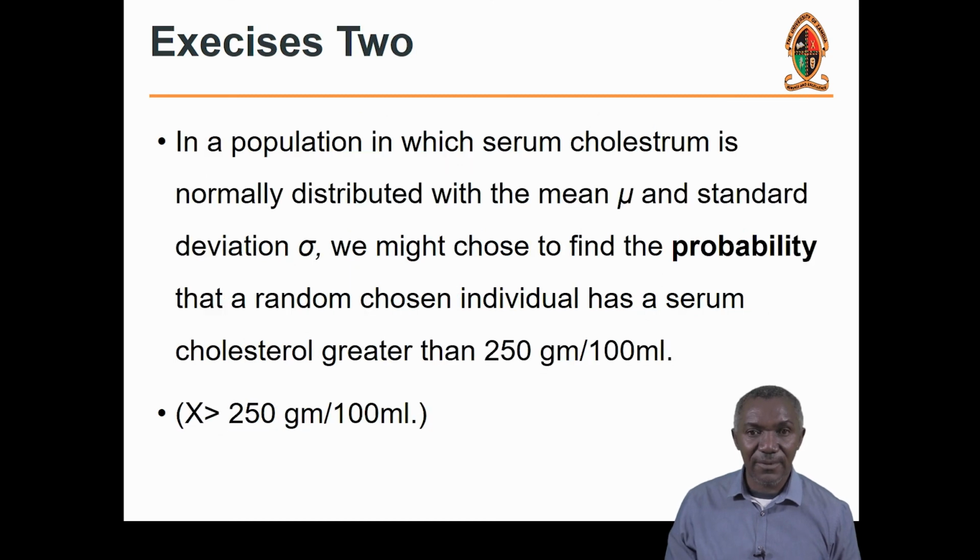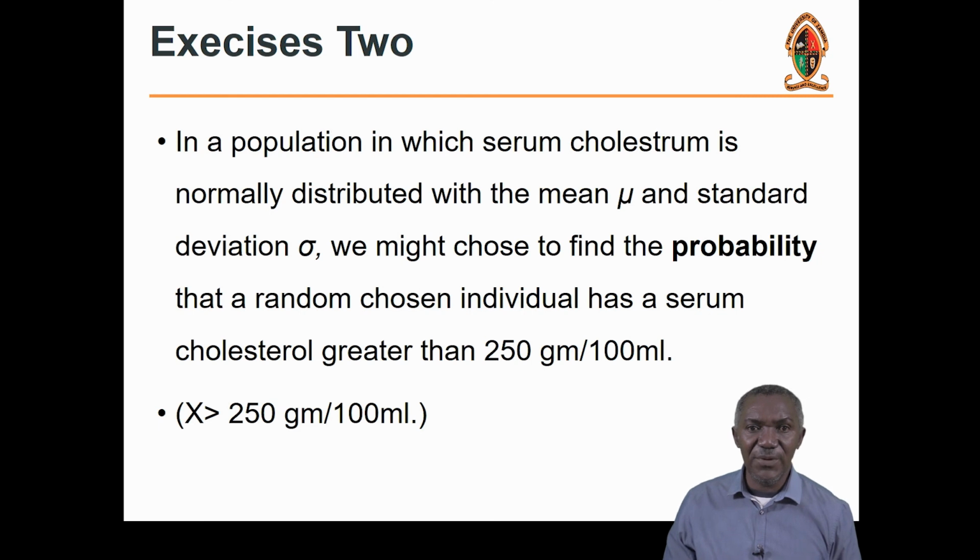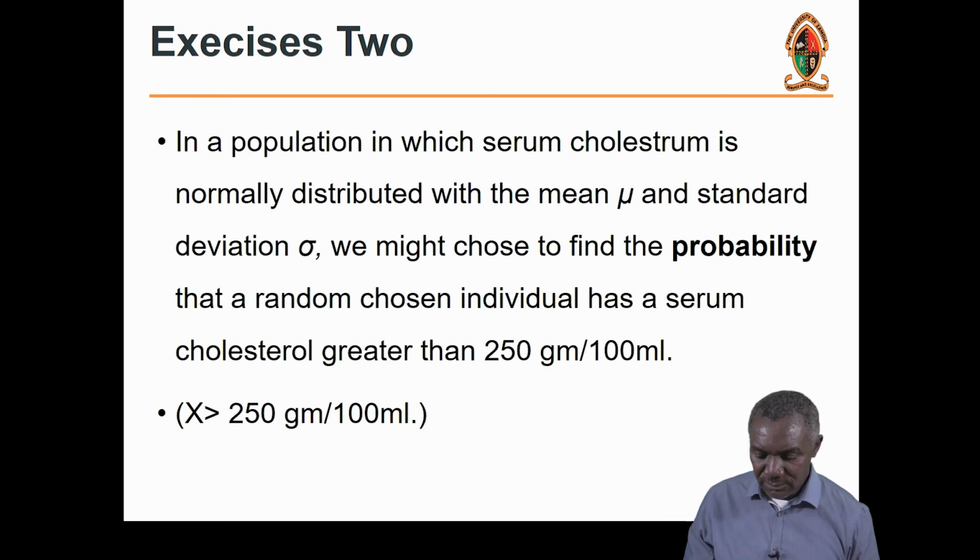You can also work on this exercise in a population in which serum colostrum is normally distributed, with the mean and standard deviation stated. We might choose to find the probability that a randomly chosen individual has a colostrum level of more than 250 per 100 mils.